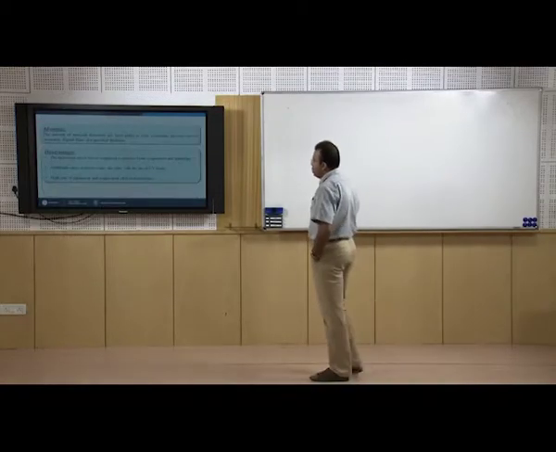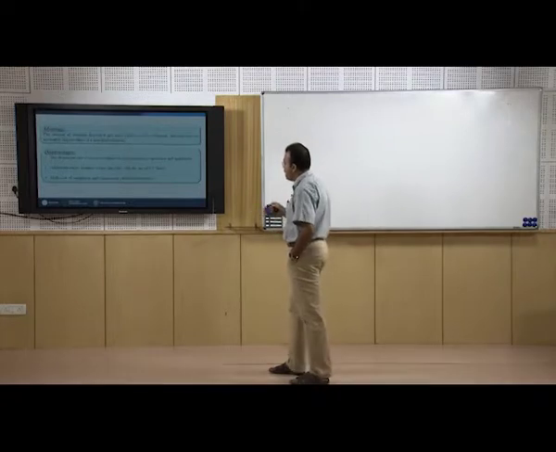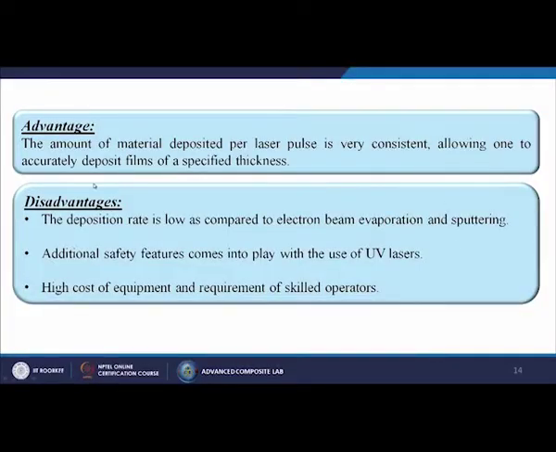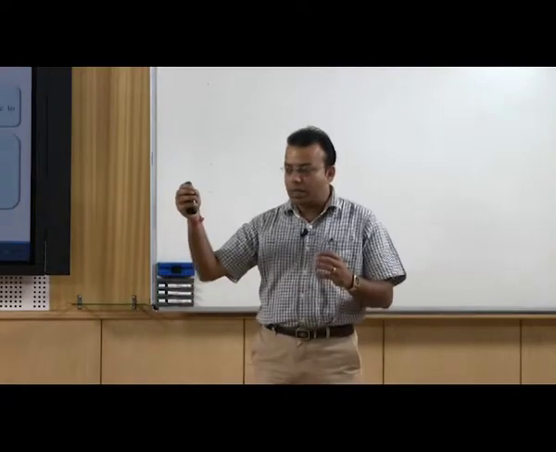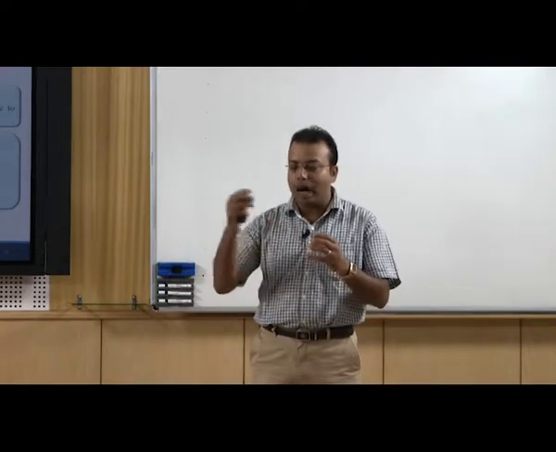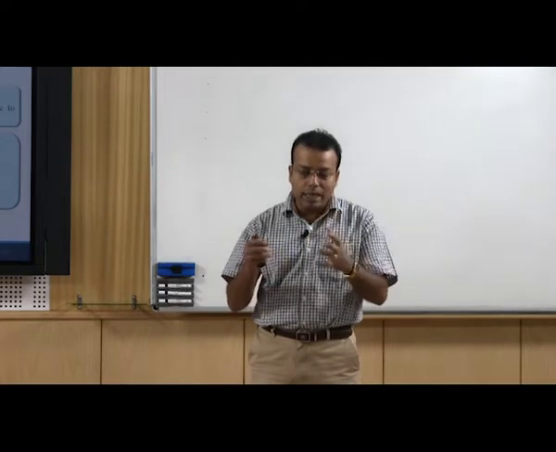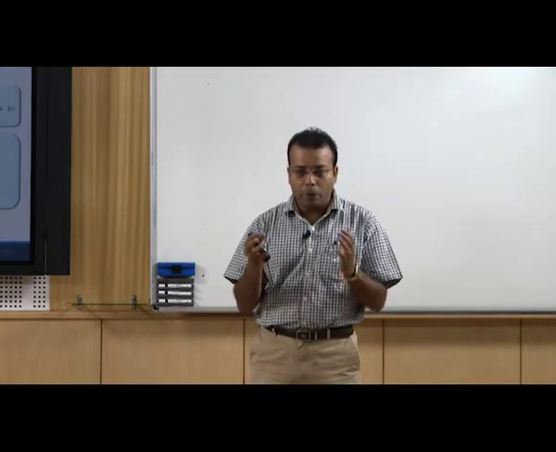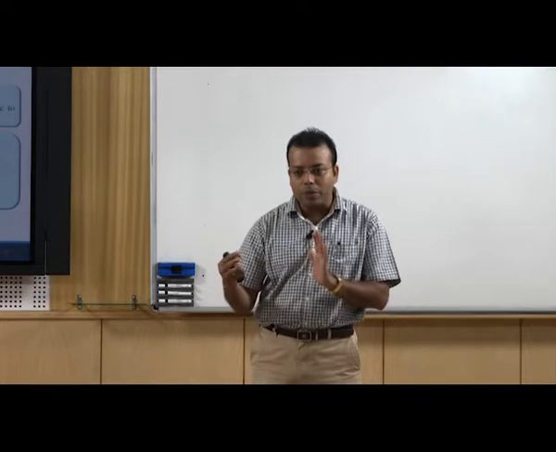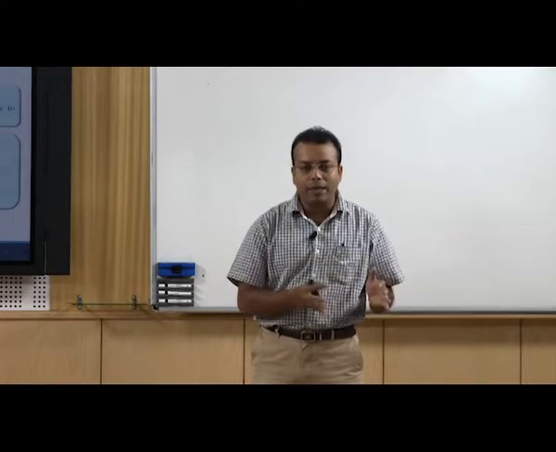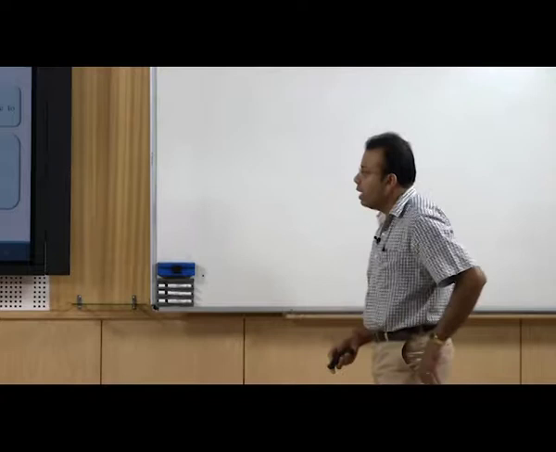What are the advantages? The amount of material deposited per laser pulse is very consistent, allowing one to accurately deposit films of a specified thickness. Generally we use pulsed lasers, meaning one laser pulse comes, then after a certain time the second comes, so we can easily give a specific deposition time for the particular target material.